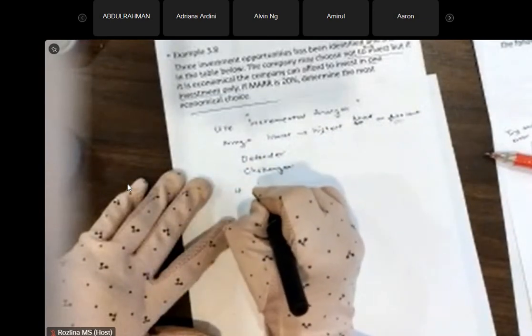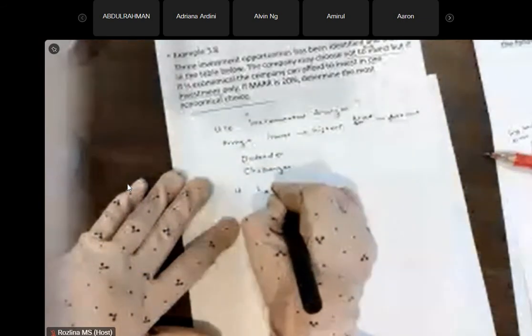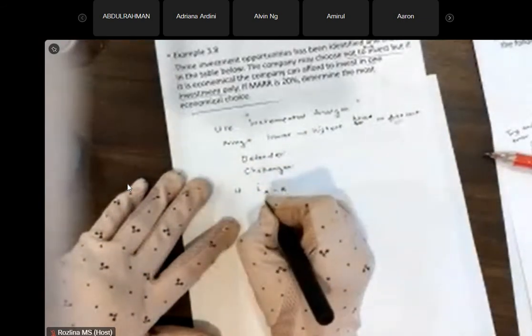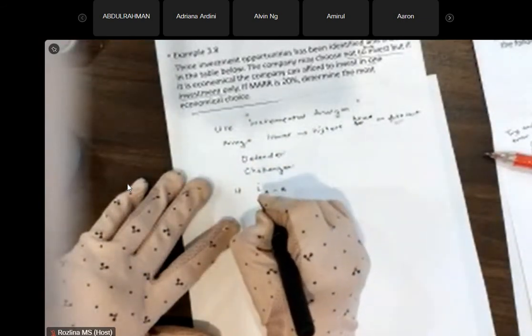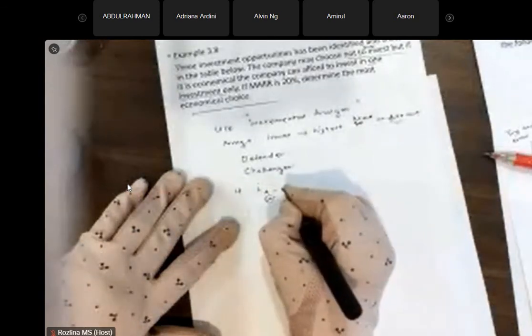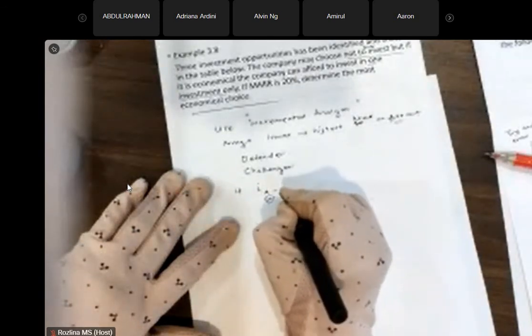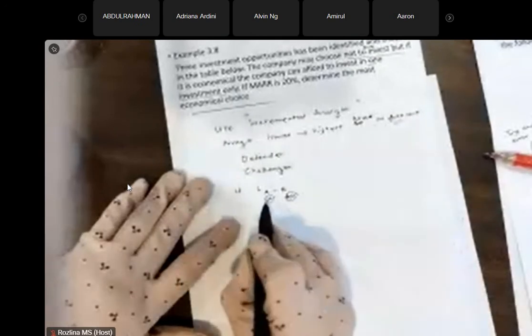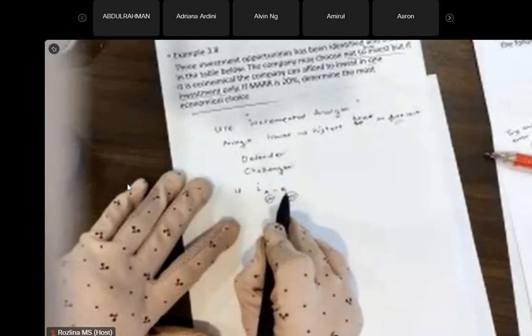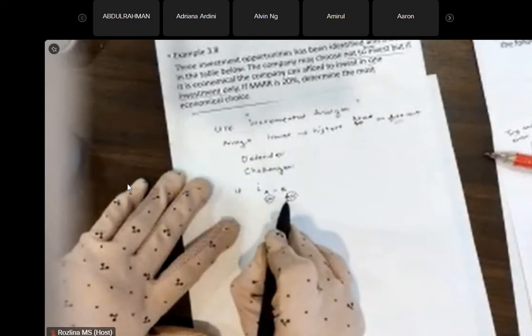Okay, let's say we have A minus B. A tu challenger lah kan. This one must be challenger. This one must be defender. Betul? So kita nak tengok yang ni lawan yang ni. Challenger mesti minus dengan defender.